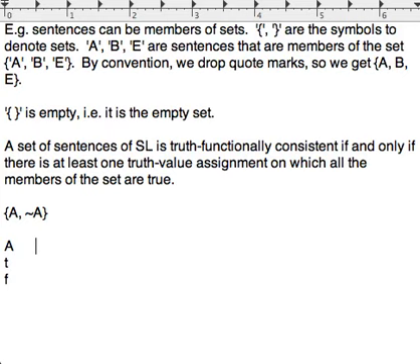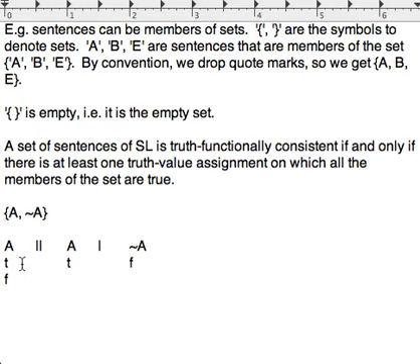In the first case we have the sentence A, and then we also have the sentence not A. Under A, we just know that that's true on this truth value assignment, and we know that not A is false on this truth value assignment, right? Because negation just flips a truth value.